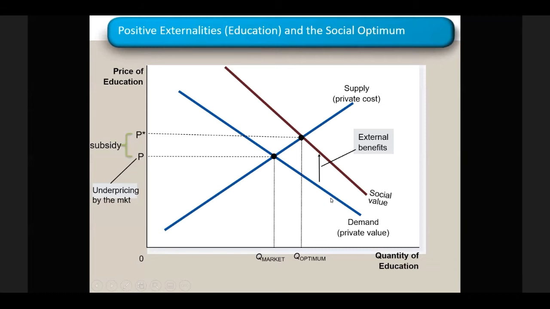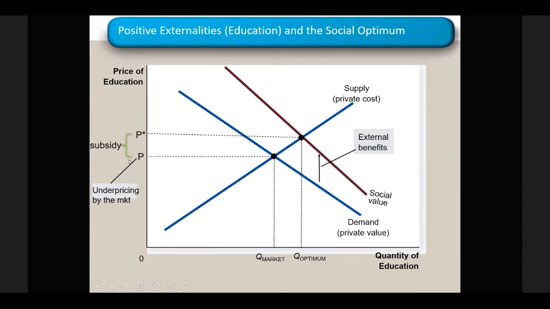So if you grant subsidies to the producer of this positive externality, what will happen is that this private value curve will shift to be parallel to the social value curve, so that the optimal level of output will be produced. In this case, the firm still charges P when it produces the optimal level, but receives the subsidy of this equivalence that is added to the P, so that you get P star.